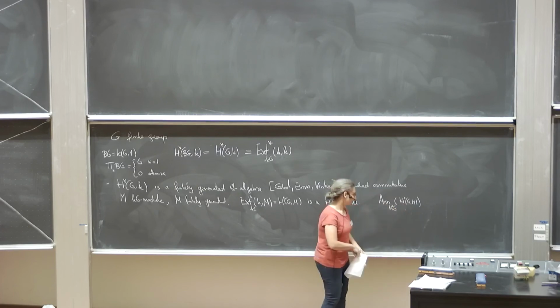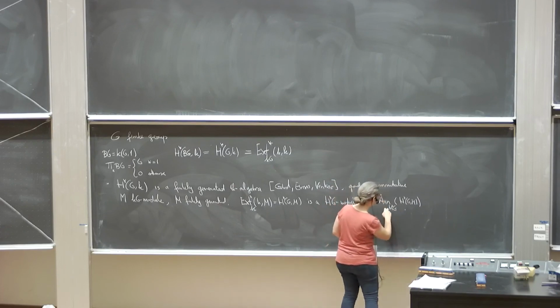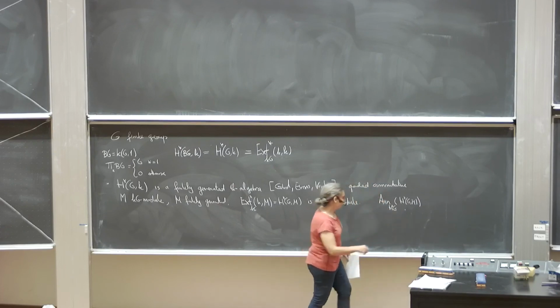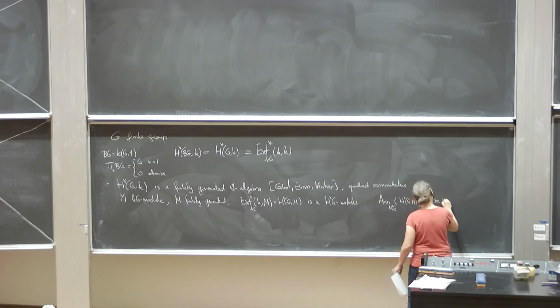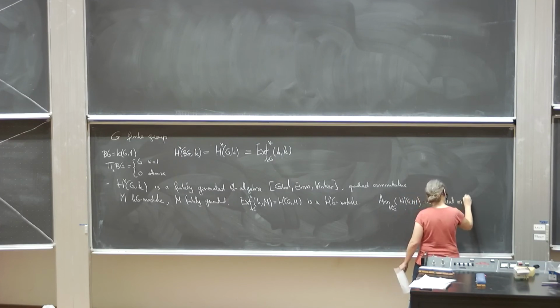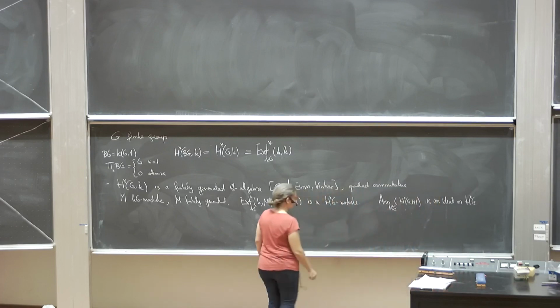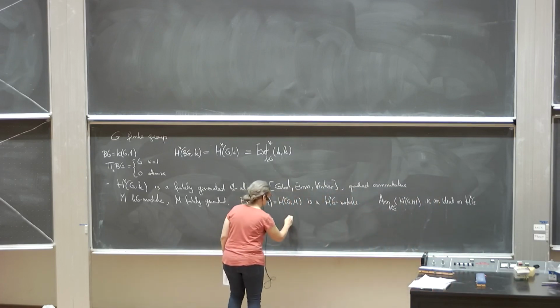That's the annihilator. So this is an ideal in the cohomology of G. And then we consider the following set.